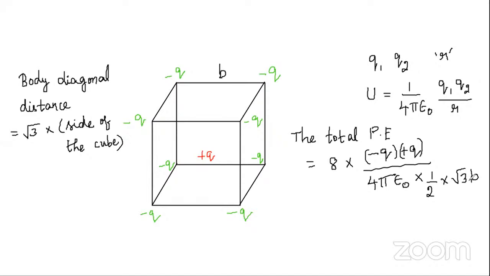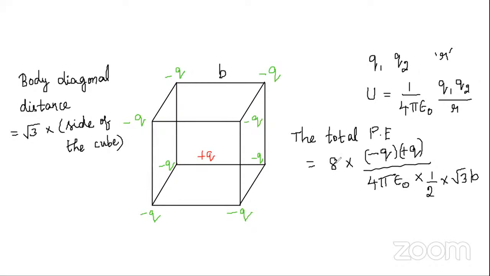After this, what you have to do? You have to simplify this expression now. This 2 can be taken to the numerator, since it is already in the denominator, or you can simplify this 4 and this 2. It will be 2 pi epsilon naught.